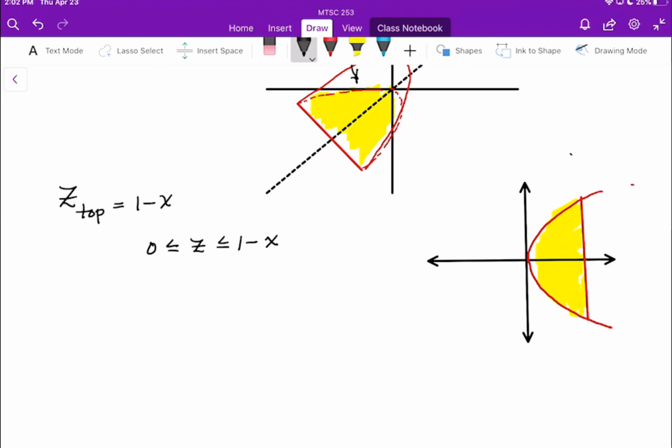So when z is equal to 0, this is hitting the line x is equal to 1. So I can clearly see that x goes between the curve y squared to x equals 1.